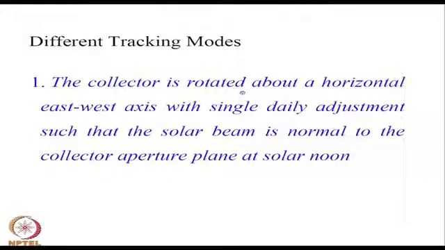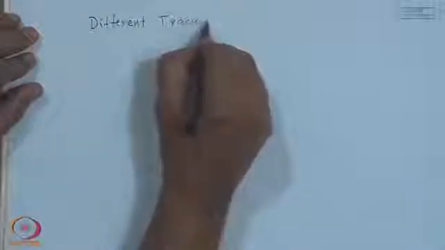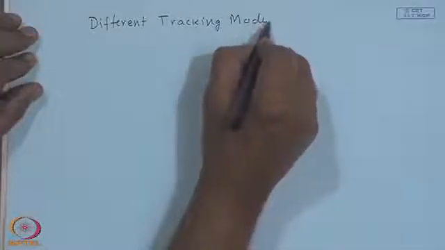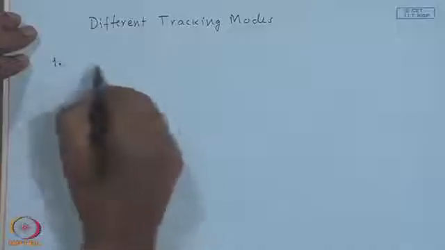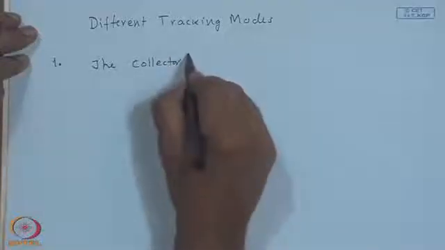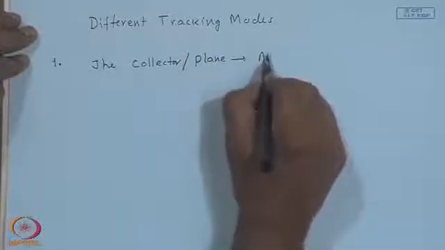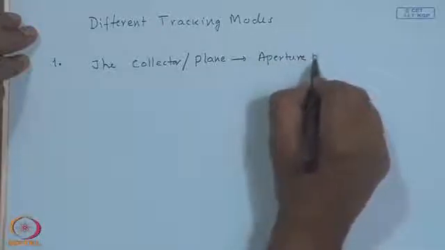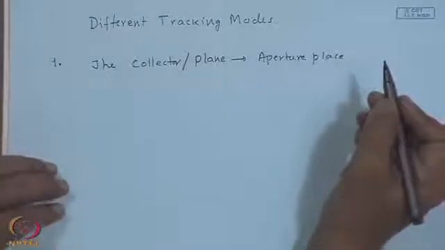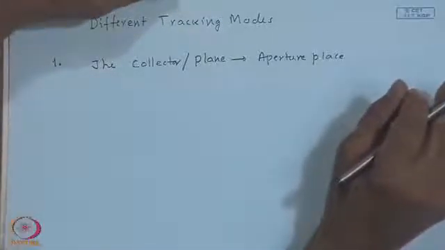So, now we will consider different tracking modes. So, mode 1, the collector, or we shall in future refer to it as the plane, which essentially means the aperture plane, because whether it is a parabola or paraboloid, whatever radiation passes through the aperture plane will reach the reflector, thereby getting reflected, or refracted.